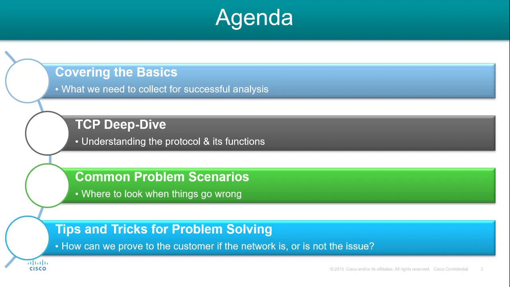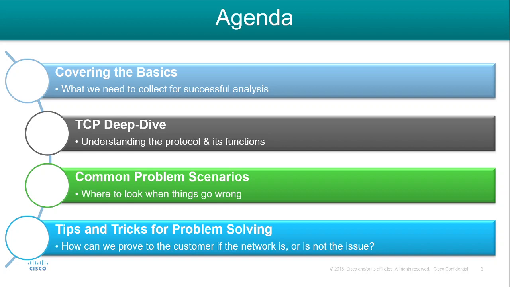If you have a bad set of data going in, you're likely going to end up with a bad analysis coming out. And so in this section, we're going to talk about where we need to collect for good packet captures, what that data looks like, what tools are available to us, and we'll briefly touch on certain things like the TCP three-way handshake.